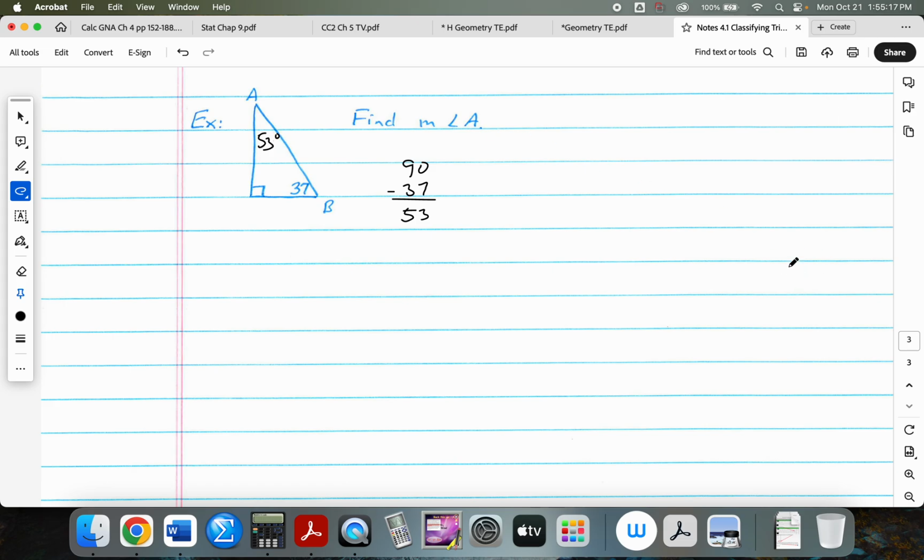Now you can do it by doing the angles of the triangle add up to 180, but it takes longer. You would do 90 plus 37. You don't need to write this down, but let me just show you. This is the long way to do it. That's 127. And 180 minus 127 is 53. You get the same answer. It just takes longer.